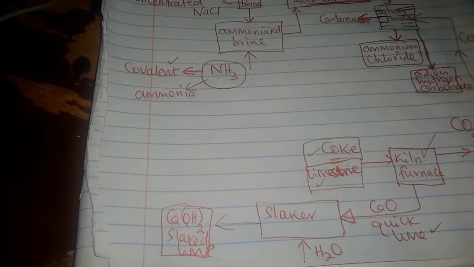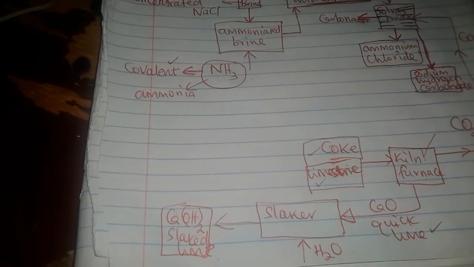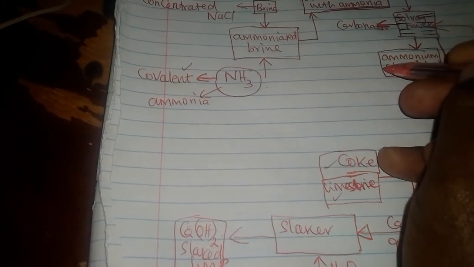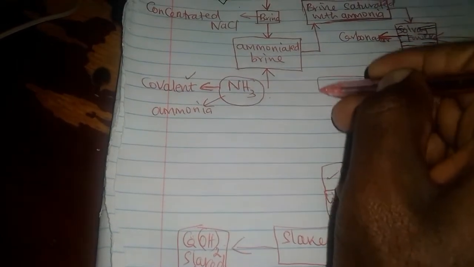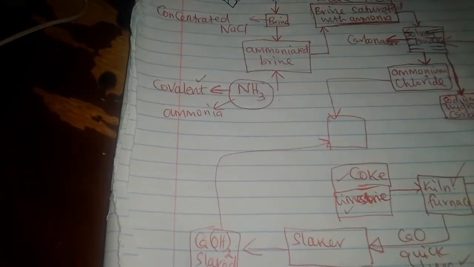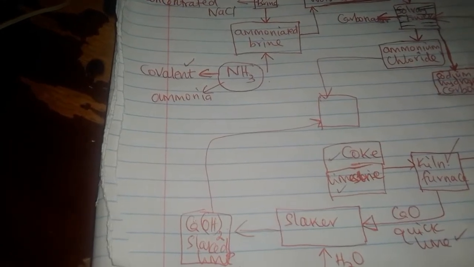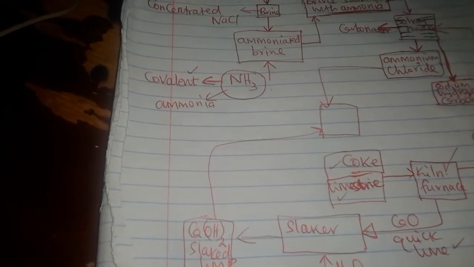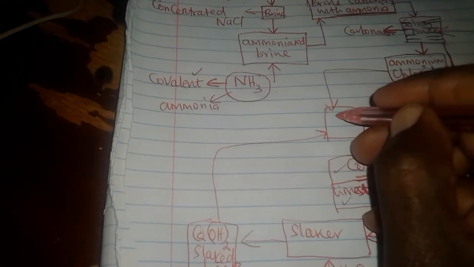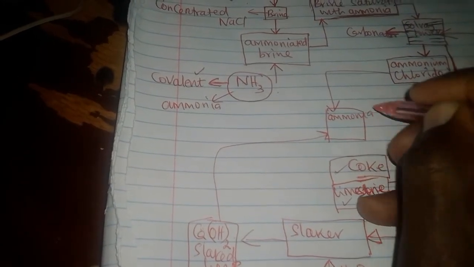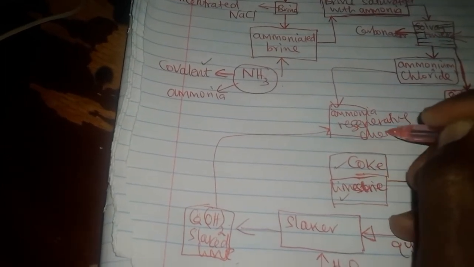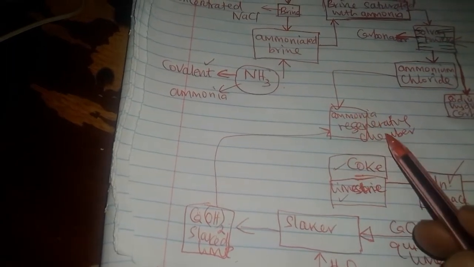Now, fortunately, what happens is that the calcium hydroxide ends up meeting with this region, you see, and on meeting there, we can call this the ammonia regenerating chamber.